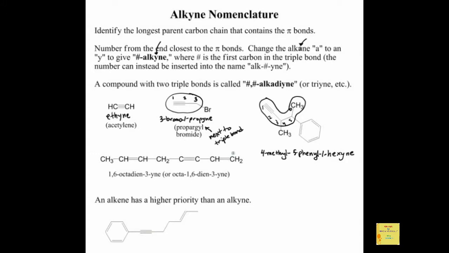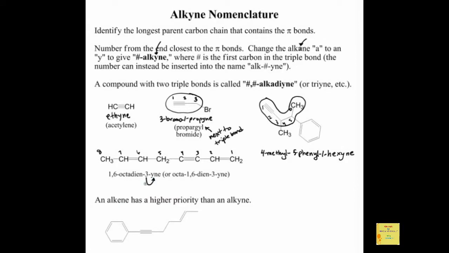Now, if we have multiple double bonds and triple bonds, our names get pretty ugly pretty quickly. Here we can number 1, 2, 3, 4, 5, 6, 7, 8. It's an octane derivative. But we've got a double bond at 1 and 6, so it's an octadiene. Plus we have a triple bond at carbon 3. So here, because we have 2 different functional groups in the same molecule, we have to break the name up and insert the number right before the suffix it's modifying.